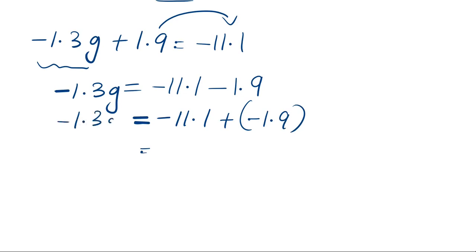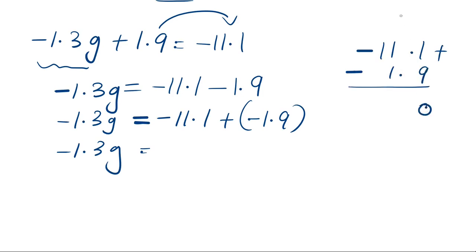Left side is negative 1.3g itself. Okay, we can add negative 11.1 and negative 1.9 here. 9 plus 1, 10. 1 plus 1 plus 1, 3. So it is negative 13. So negative 1.3g is equal to negative 13.